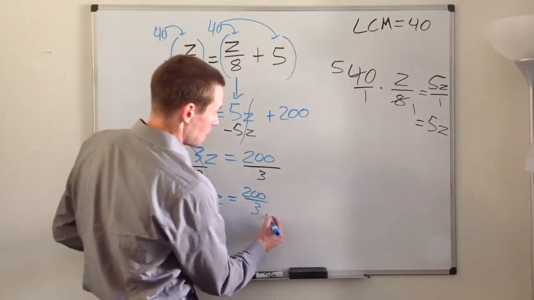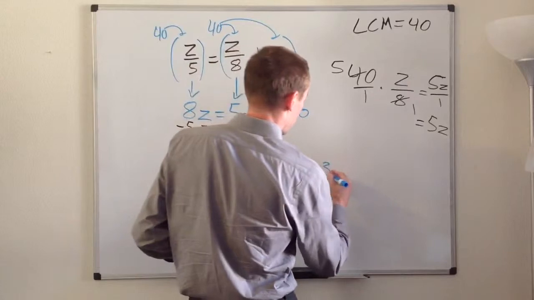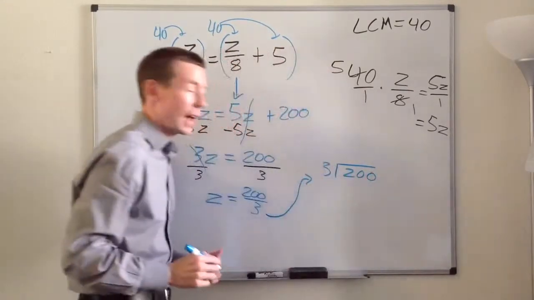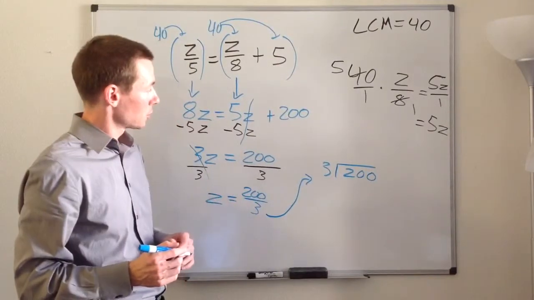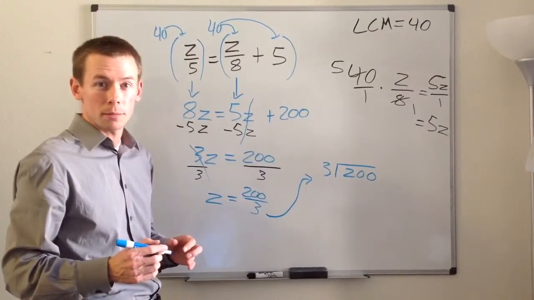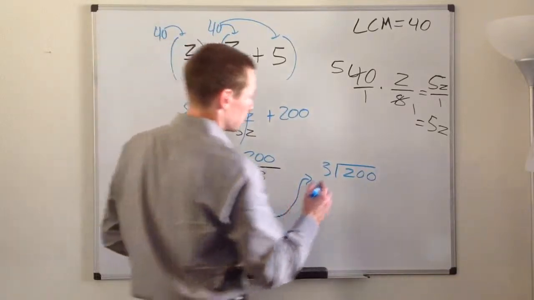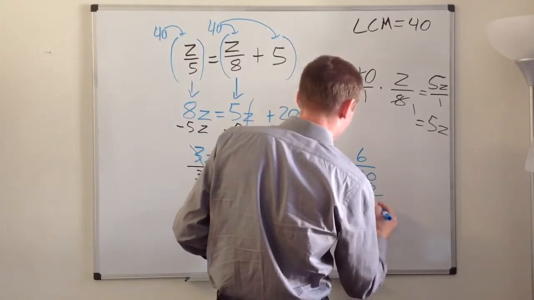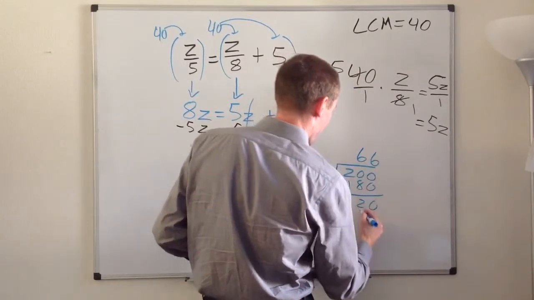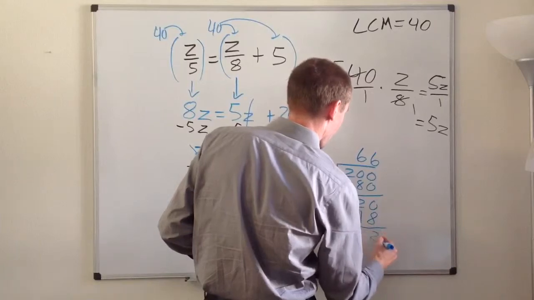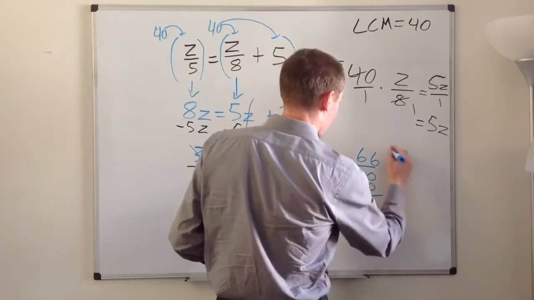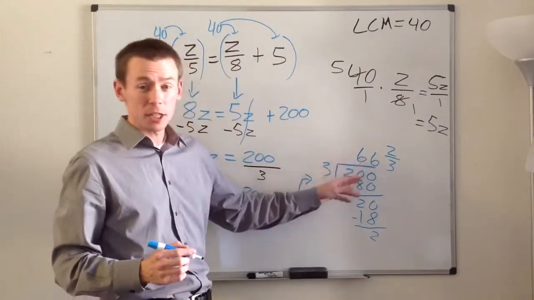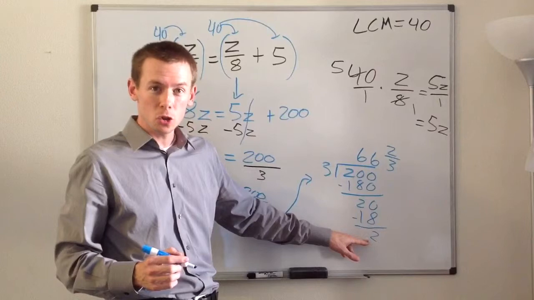So what that would be is you want to ask yourself, how many times does 3 go into 200? And it's going to go in a total of 66 times with a remainder of 2.